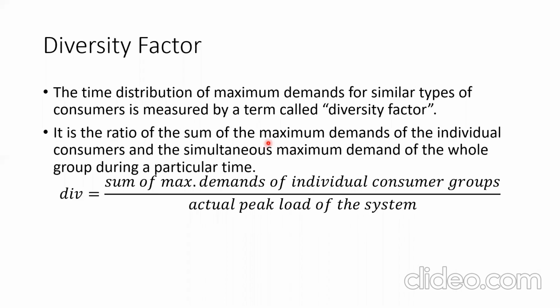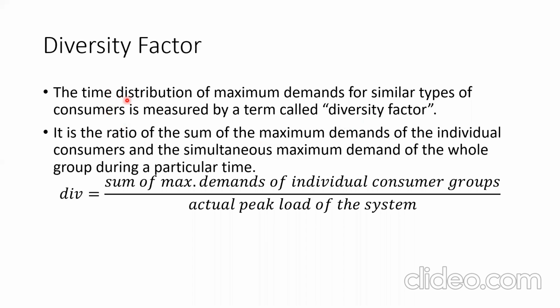Next is the diversity factor. The time distribution of maximum demands for similar types of consumers is measured by a term called diversity factor. Time distribution means the diversity in the load distribution over a given time period.